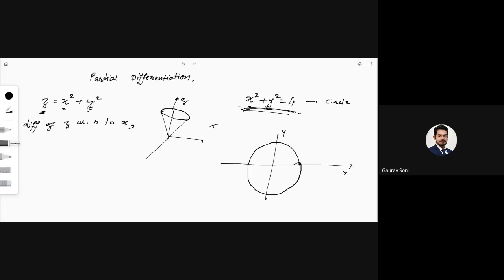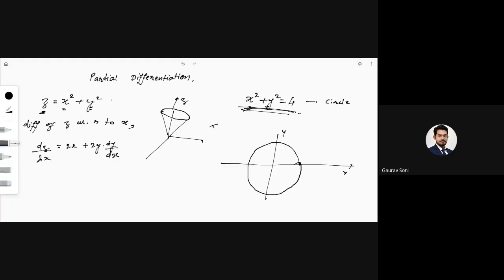Yes, Pratik, tell me what I should write. 2x plus 2y dy by dx. Okay, and the left hand side will be dz by dx. Right? Is the equation right what I have written? Everyone convinced with this? Yes, sir.